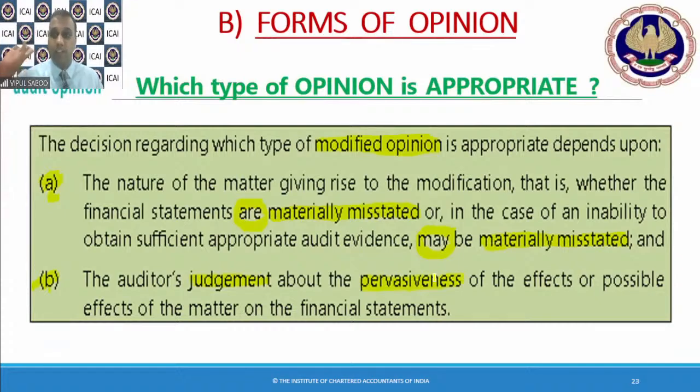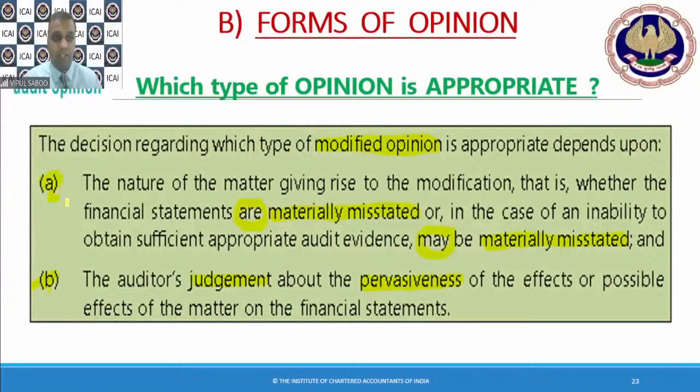So two factors are there. First is material misstatement. If you have audit evidence with respect to the misstatement being material, it will fall under adverse or qualified, right? Or in the case of inability to obtain sufficient appropriate audit evidence, maybe disclaimer of opinion.